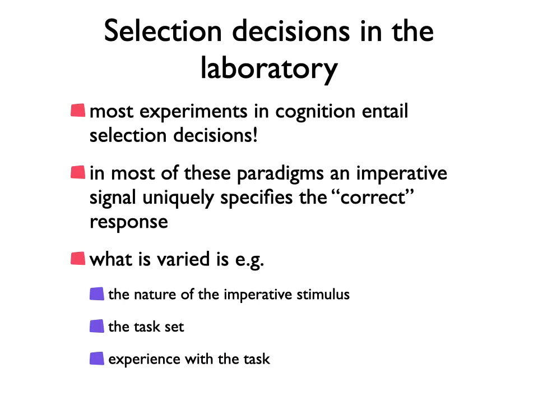So for instance, you vary the nature of the imperative stimulus, how clear it is, how unique it is, how confusable it is with other possible answers, or stimuli that might suggest other answers. And you might vary the alternatives, task set. I'll say something about that in a moment. Or you might vary how familiar people are with the task, whether they have learned the patterns before and after learning, and so on, and other factors as well.